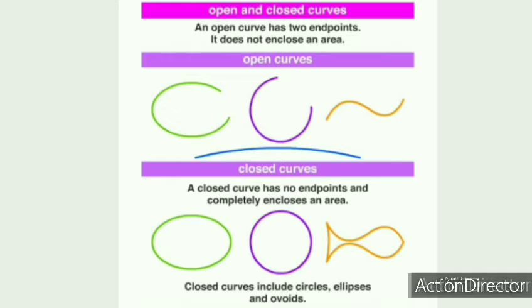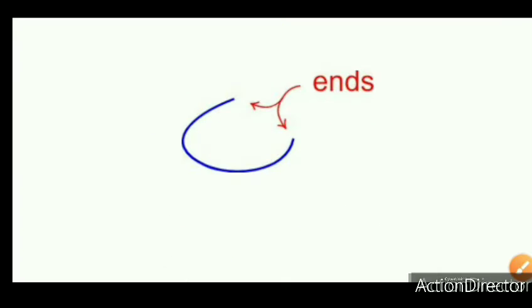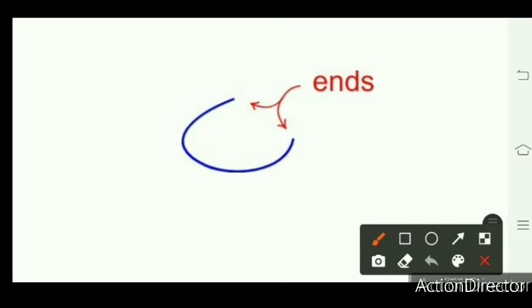which enclose an area. Here this figure has two ends. If these two ends do not join with each other, we say that this type of curve is known as an open curve, right?